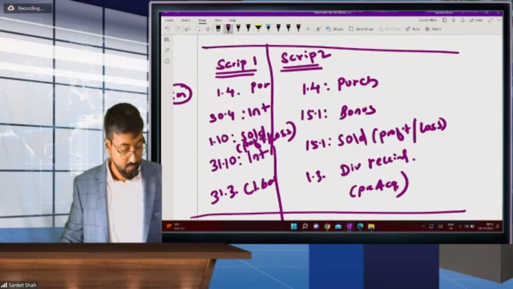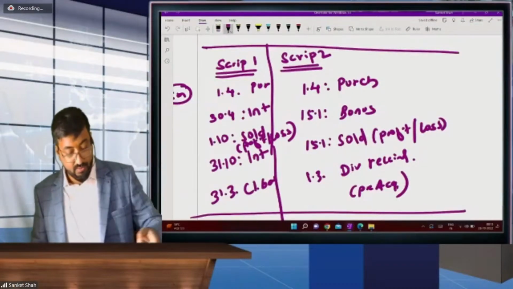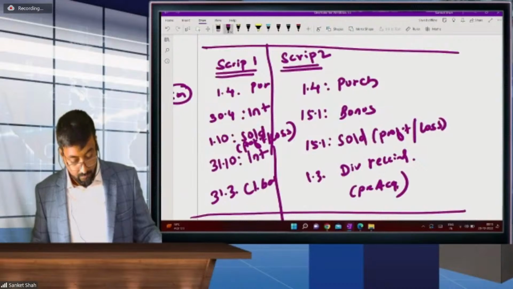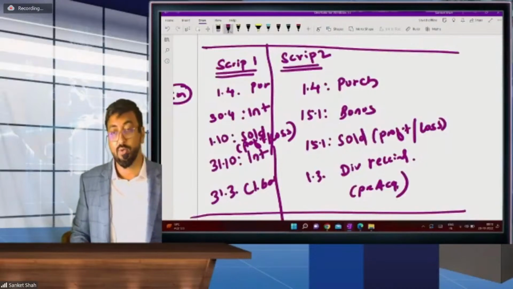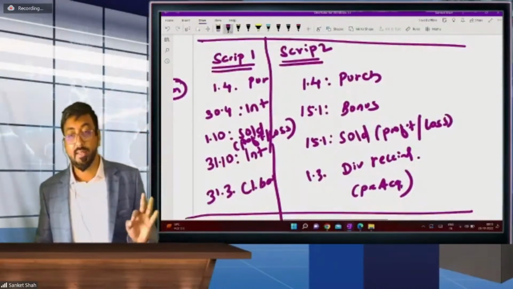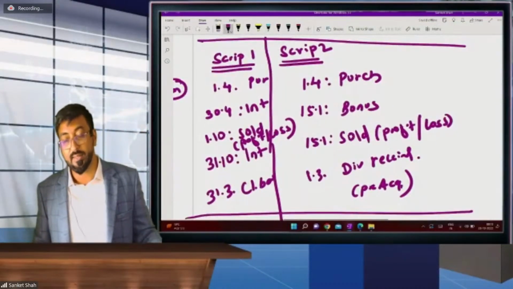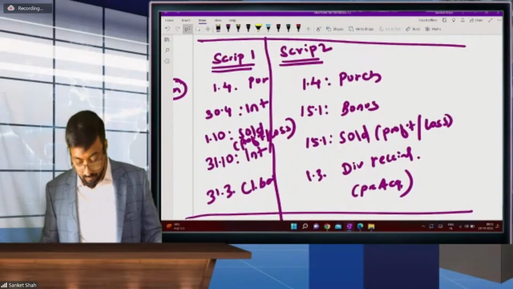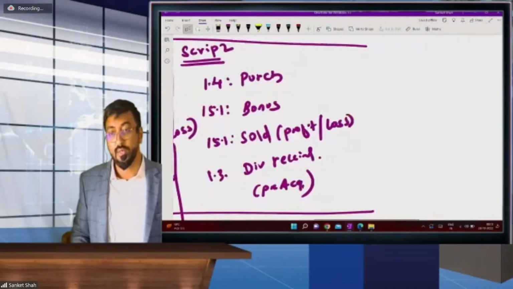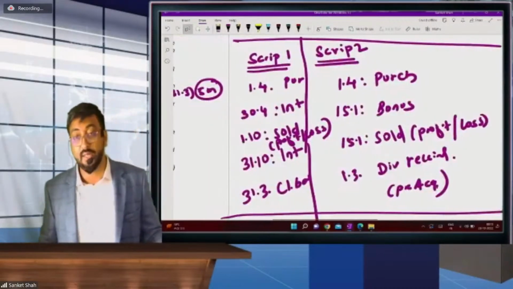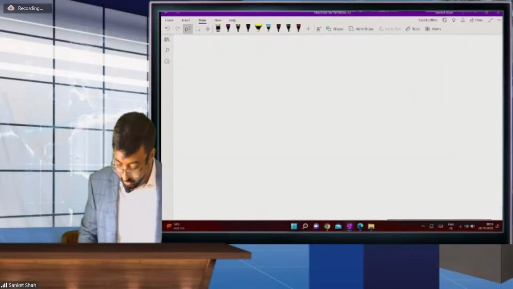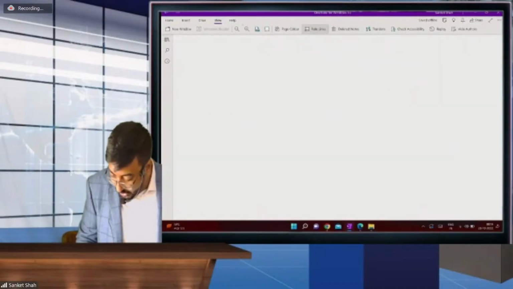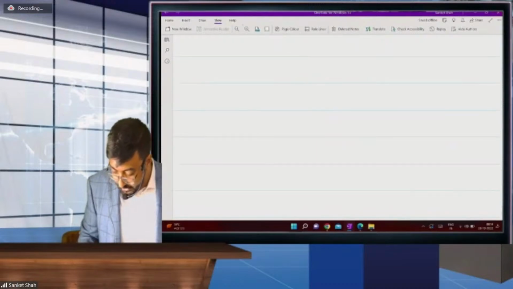You have to do it script wise. So this is a sequence. In exam, first you have to understand the sequence and then solve it. Today is only a concept day.